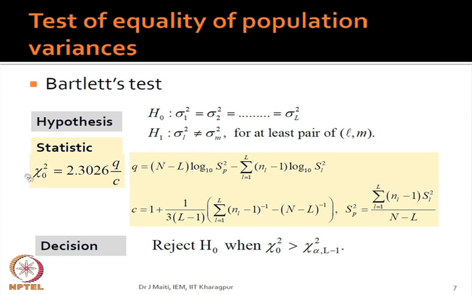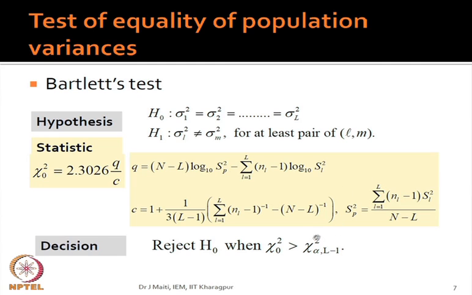So, then chi square is 2.3026 q by C. So, given a data set you have to calculate q, you have to calculate C, then you find out the chi square value. Chi square is 2.3026 q by C, and what does it mean when you say chi square? Because this quantity follows chi square distribution, and what will be the degrees of freedom?